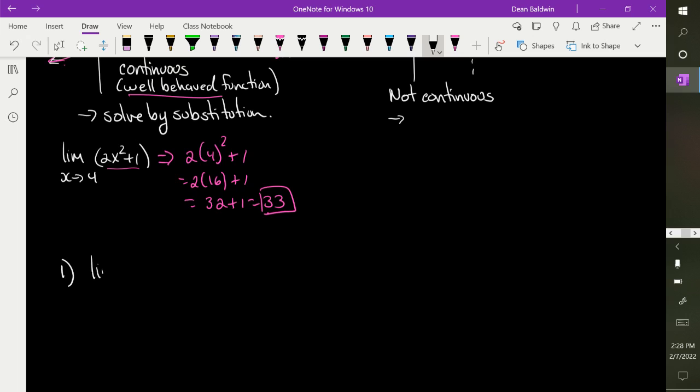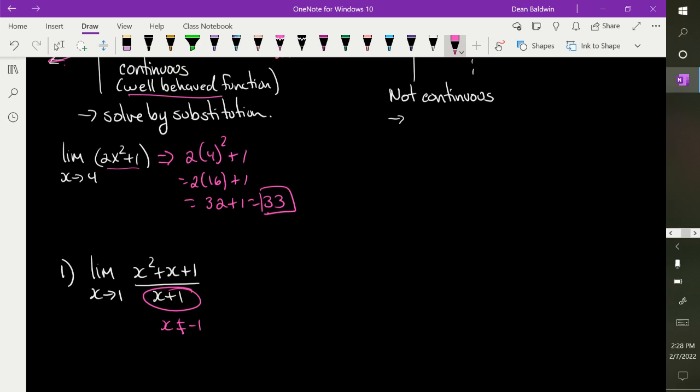If we have the limit as x goes to 1 of x squared plus x plus, that doesn't matter, it can be 1, over x plus 1. All right, so right away we look at it, you might see this. We have a variable in the denominator, so that would mean that x cannot equal -1.